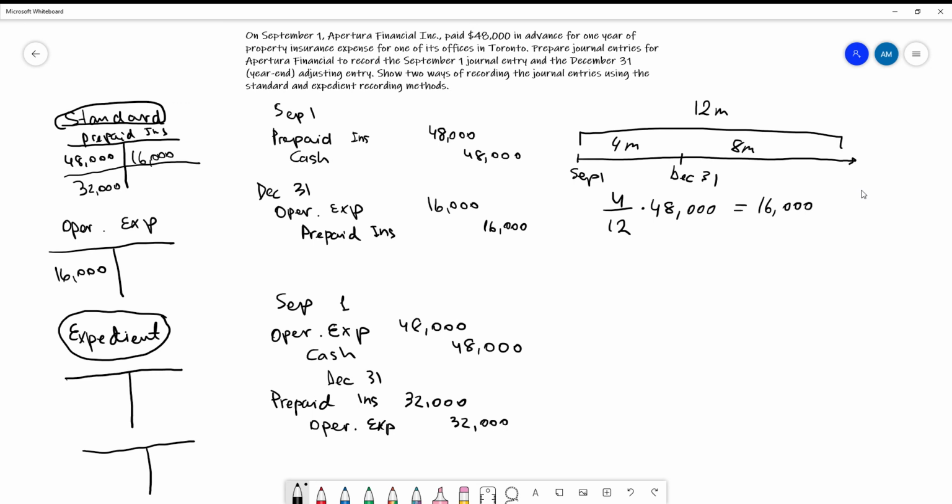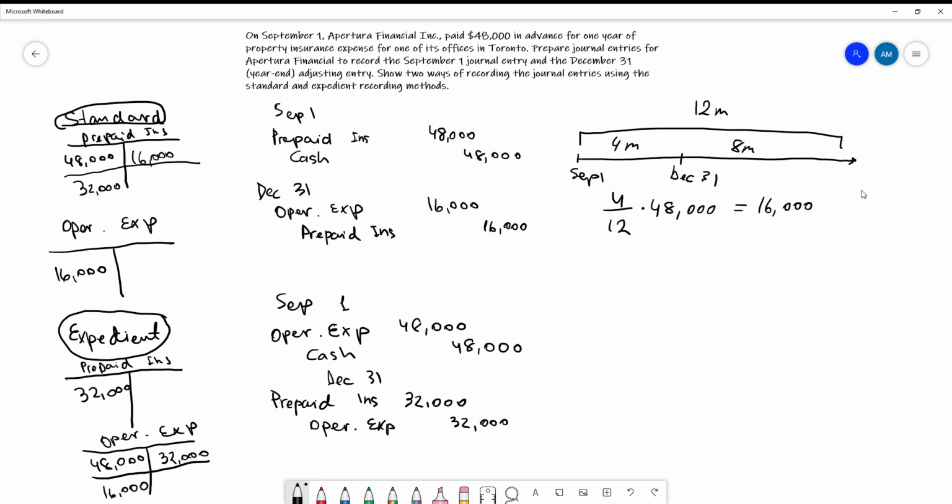So here we have the prepaid insurance, which is $32,000, coming from this section here, and we also have operating expense, which started as $48,000, but we have an adjusting entry here on December 31st for $32,000. So the net balance here is $16,000 that is allocated for the period from September 1st to December 31st.